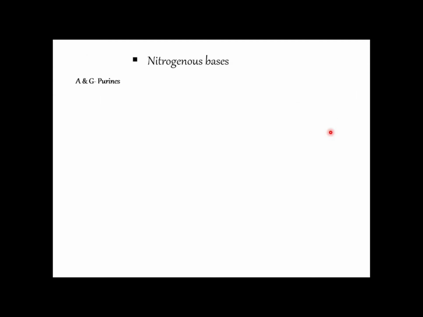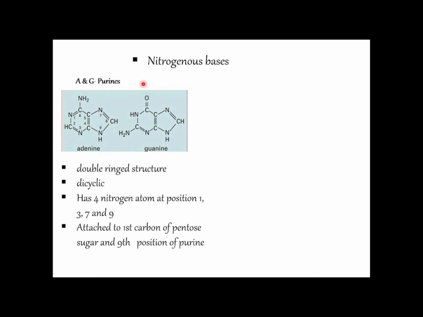When you look at the detail of the nitrogenous bases, two of them are purines, adenine and guanine. Purines have a double ring structure, which is bicyclic.